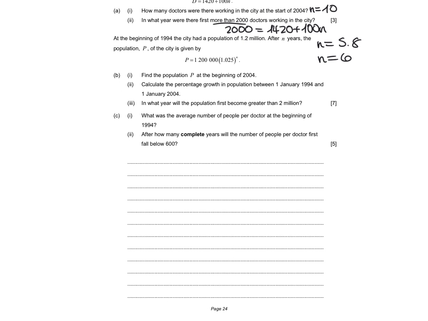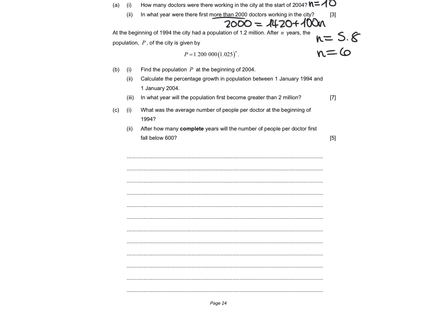At the beginning of 1994, the city had a population of 1.2 million. After n years, the population is given by that. Find the population. So we need to substitute n equals 10. Calculate the percentage growth in population between those two dates. So for B1, you're going to get the population is 1,540,000.